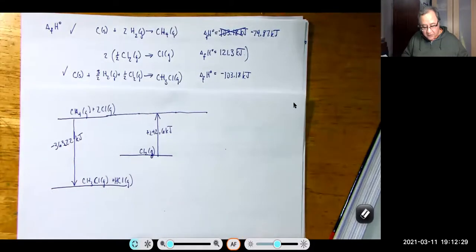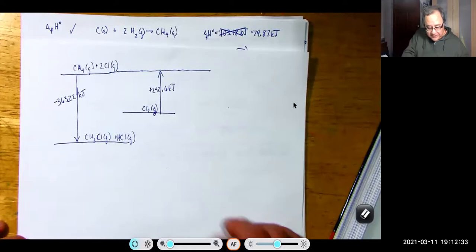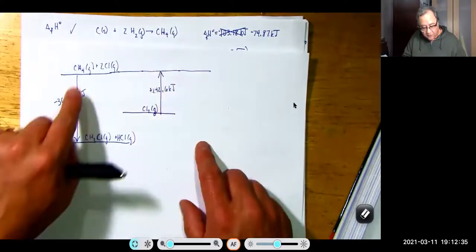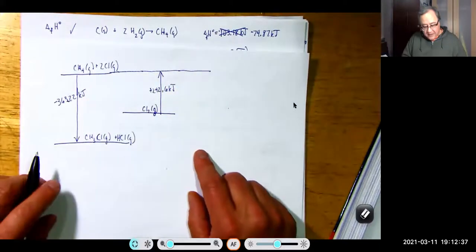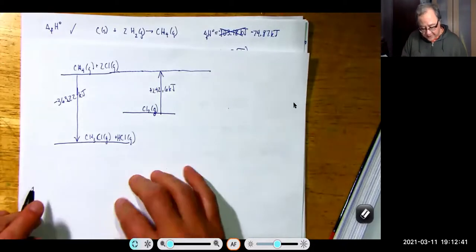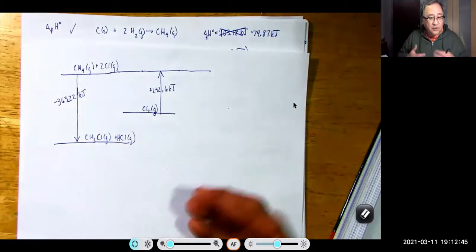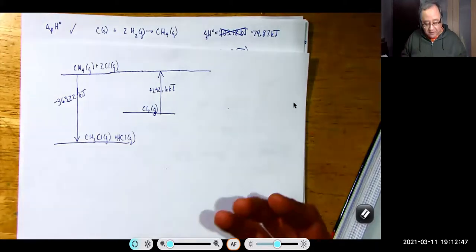But I'm going to go to this one right here, where I have this H2 gas and the CH4, because I have this CH4 here. Now, here's something that we have to understand about this energy level diagram: at every level, we should have the same elements for conservation of matter.